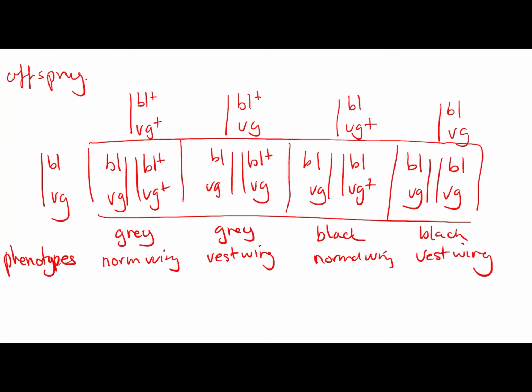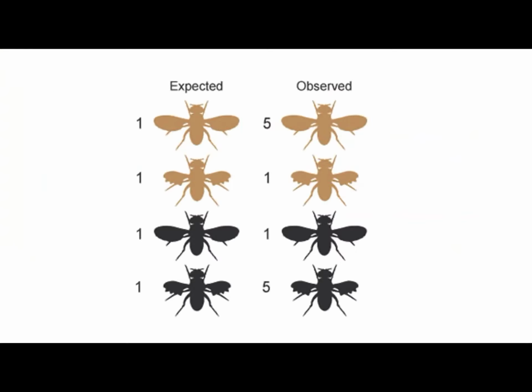Now if they weren't linked, you'd expect a 1:1:1:1 ratio in the offspring, but because we have far fewer of these gametes, we don't get a 1:1 ratio, and this is what Thomas Hunt Morgan found. And in fact, he was expecting a 1:1:1:1 ratio, but in fact he got 5:1:1:1.